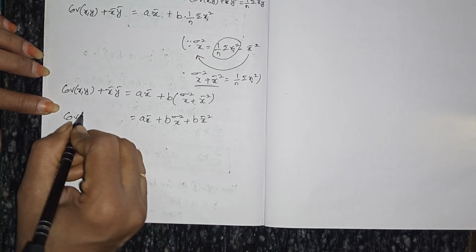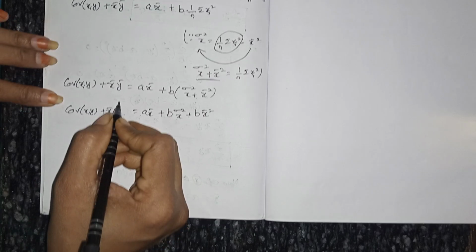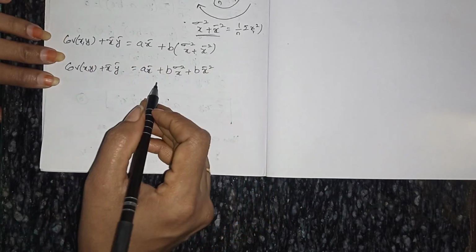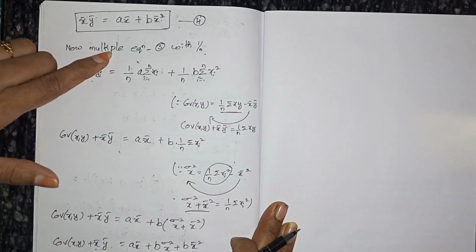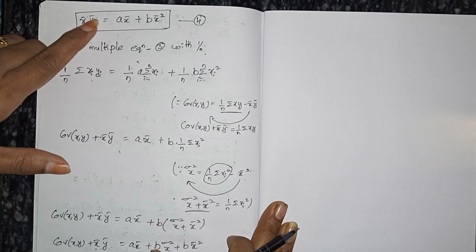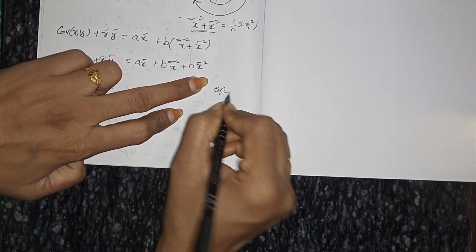This is nothing but covariance of x comma y plus x bar y bar. Now for x bar y bar, in equation 4 we are having the value of x bar and y bar, so we have to replace using equation 4.